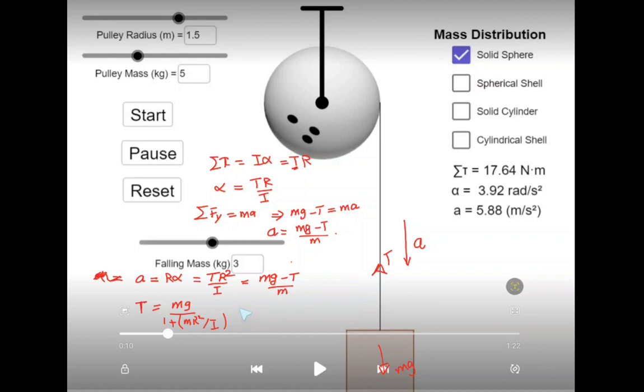You substitute numbers, the tension is almost equal to 12 for this case, and the torque will be almost equal to 17.64 newton meters. By substituting the tension in alpha, we can find the angular acceleration, and again we can find the tangential acceleration.